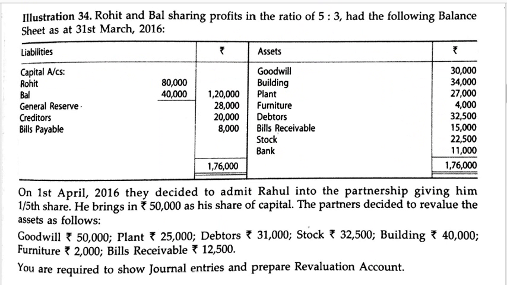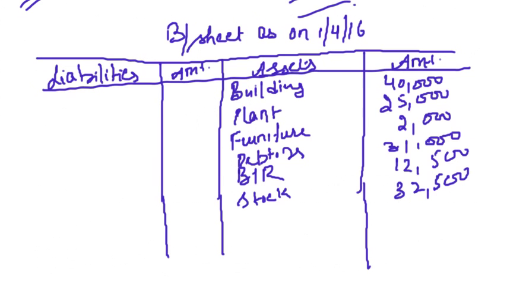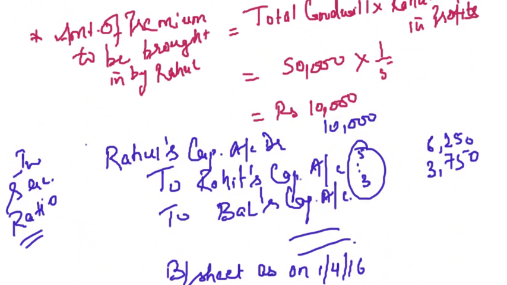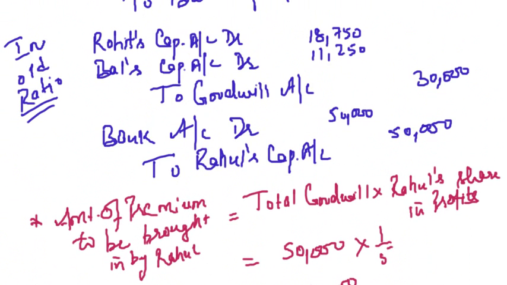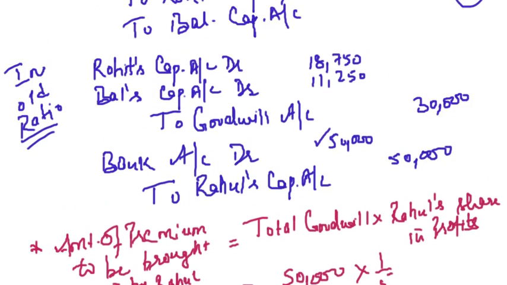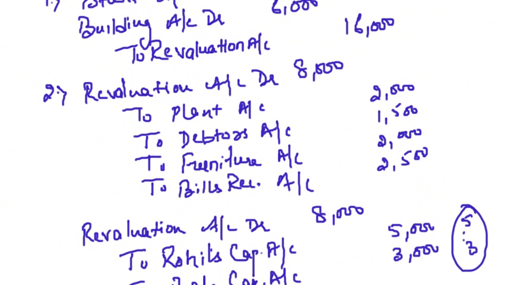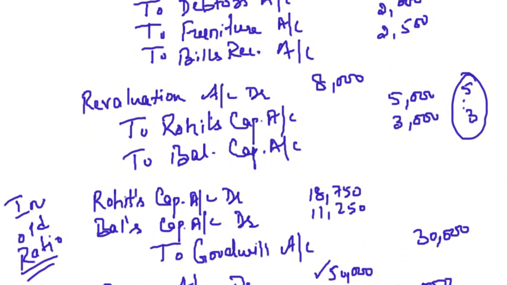Bank, yes, this is interesting. Now we are given bank as 11,000. Is there any other entry relating to bank? Yes sir. What will be the bank? 50,000 we have received as capital in bank account. So what will be our bank?